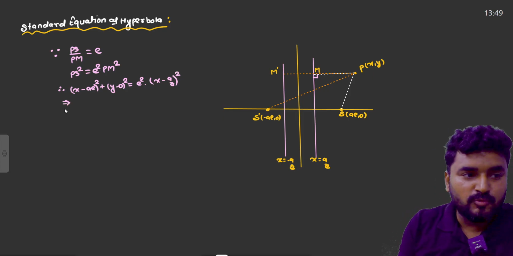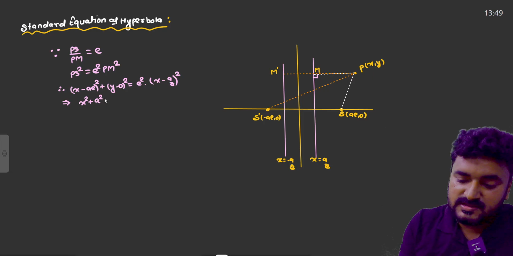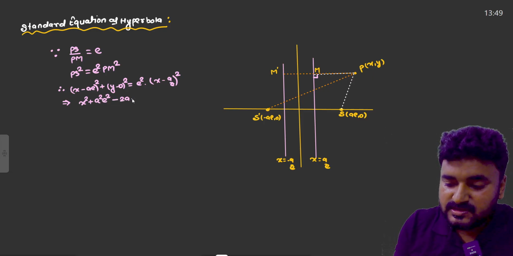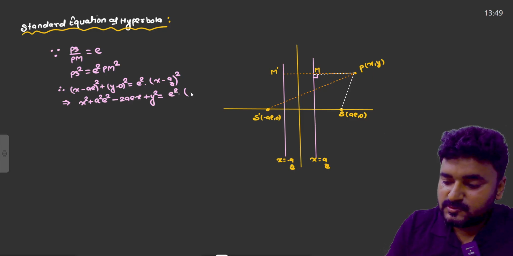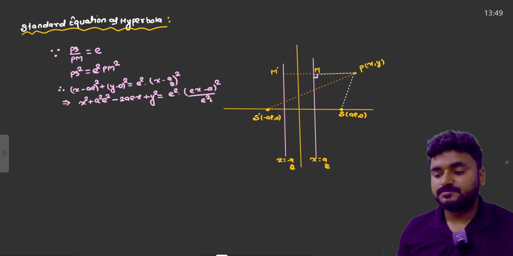So now you can open this bracket. So this is coming x square plus A square E square minus 2AEx plus y square is equal to E square into (EX minus A) whole square by E square we can write. Okay.